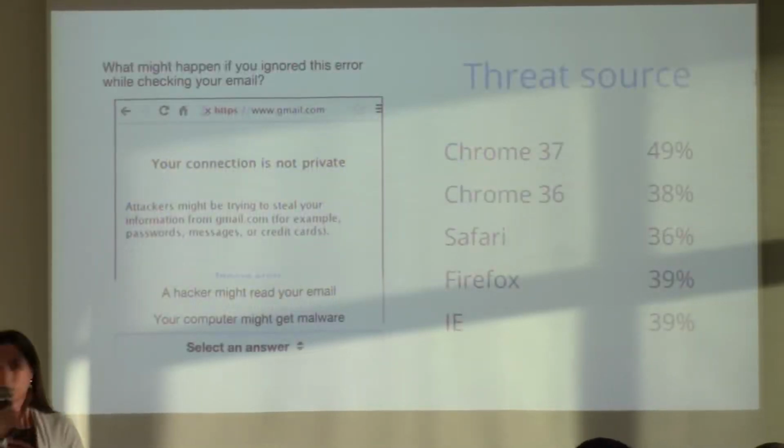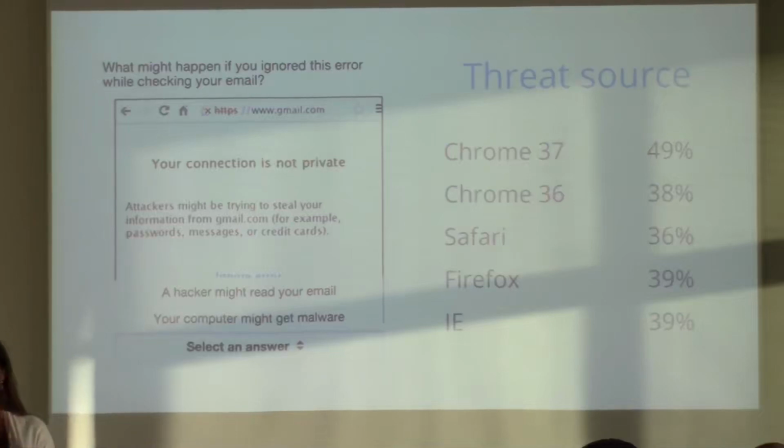We ran some user studies, and we tested a whole bunch of different errors. We tried to measure whether people understood things like the threat source. So we asked people, what might happen if you ignored this error while checking your email? This is a Google Consumer Survey question.